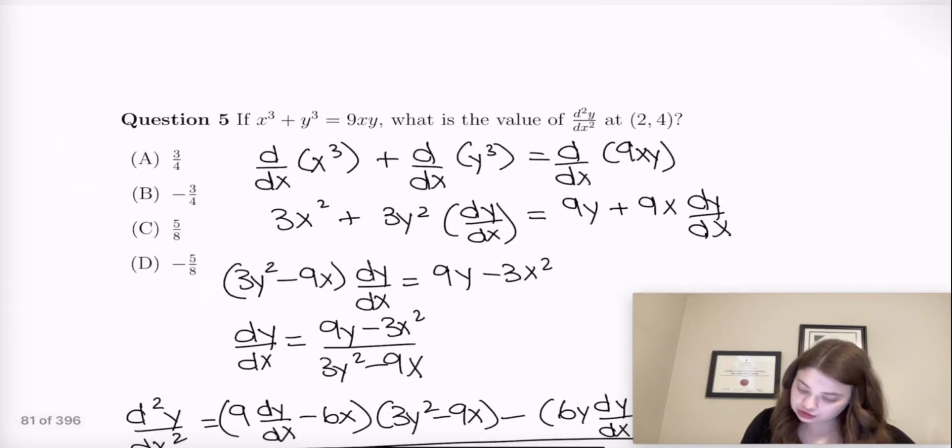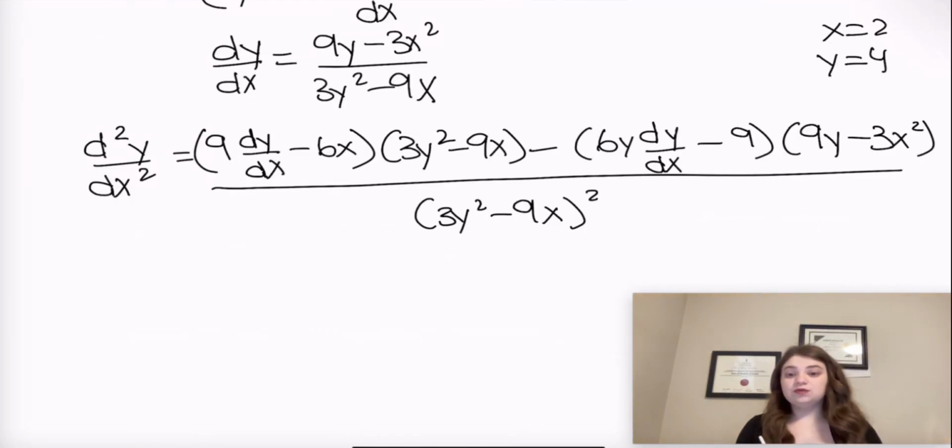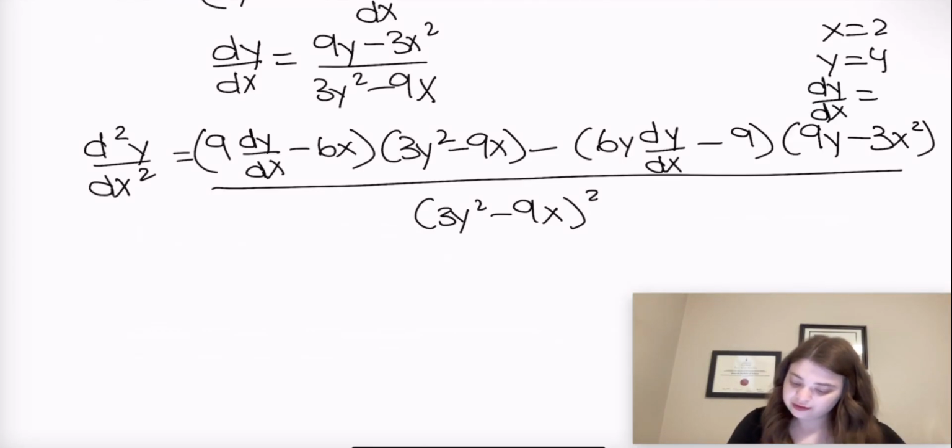Okay, now we're going to plug in our values, which actually I forget what they were. What were they? They were 2 and 4. So I'm going to plug in x is equal to 2 and y is equal to 4. And we also need to know what dy over dx is with respect to that as well. So we're also going to need to be able to plug in dy over dx. And so to get that, I'm actually just going to plug in 2 and 4 back into the dy over dx that we found.